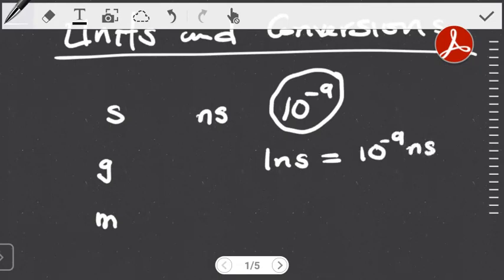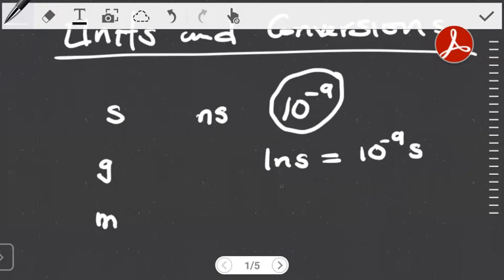But the other way that you can present the same thing is by writing second on both sides. So 1 nanosecond is equivalent to that smaller fraction of a second, or 1 over 10 to the power 9.